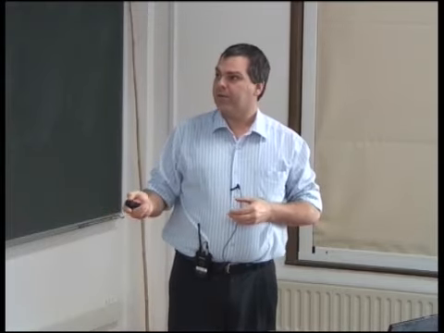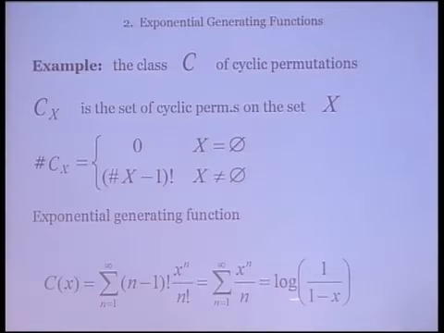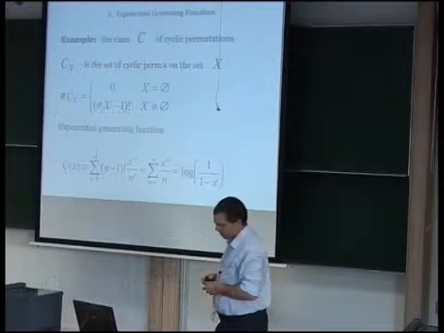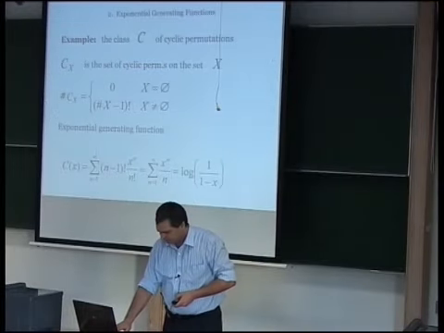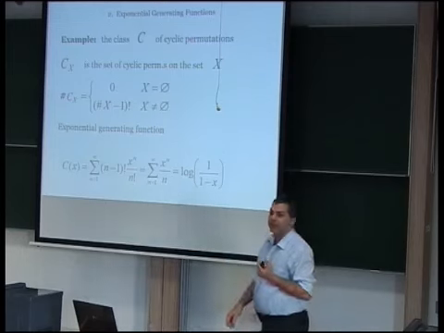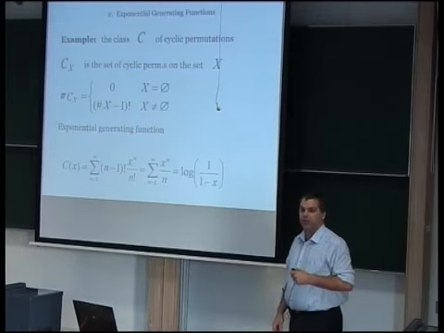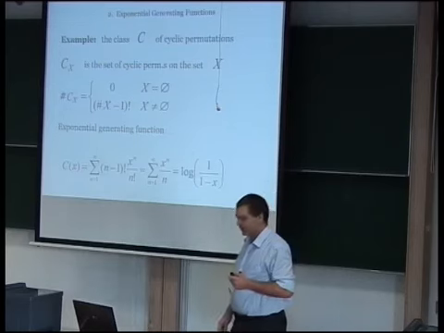I claim that this calculation tells you that there should be 0 so that this formula works. That's teleological, but there are good reasons for saying that there's no cyclic permutation on the empty set. The idea is that a cyclic permutation is a connected component of an arbitrary permutation.